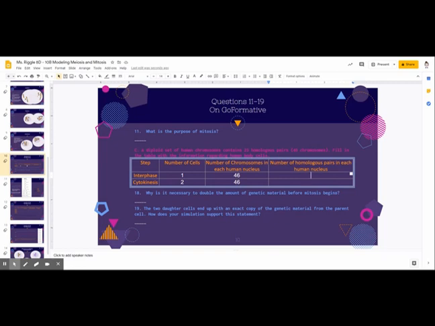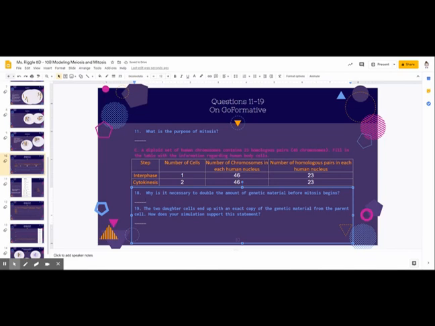So your homologous pairs will be the 2 chromosomes that work together to make your eye color, your hair color, something like that. And it says right here, there are 23 homologous pairs in a human cell, which means at interphase, there's 23. And at cytokinesis, it's the same number. It's still 23.